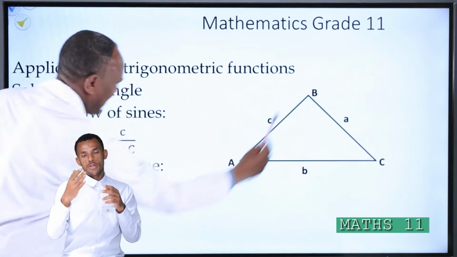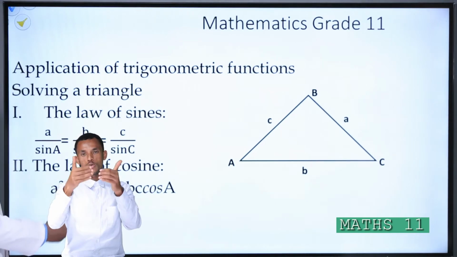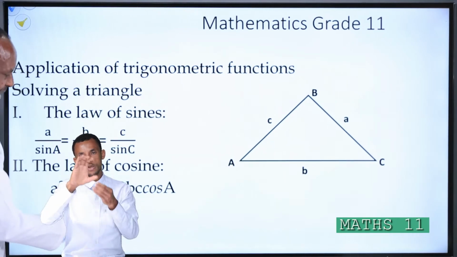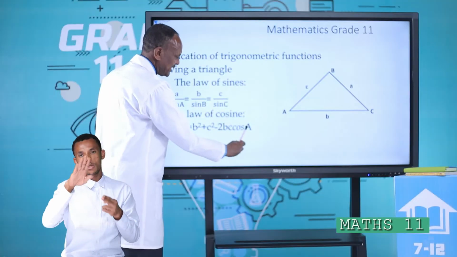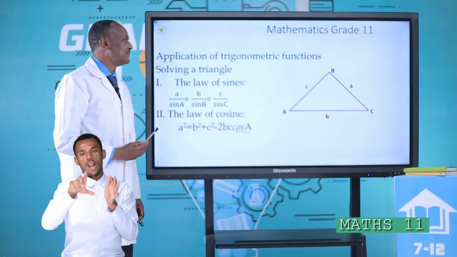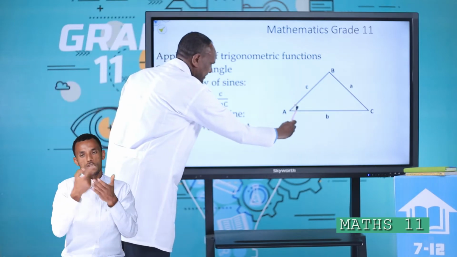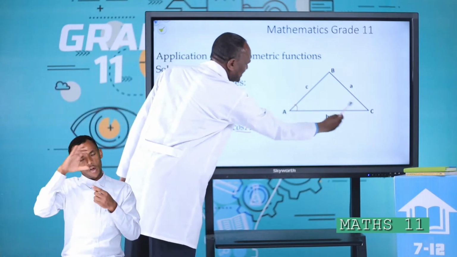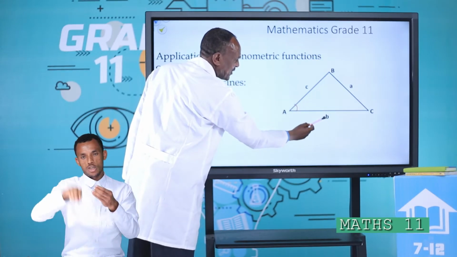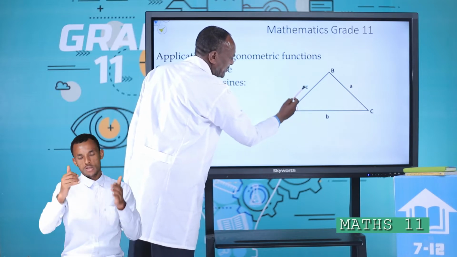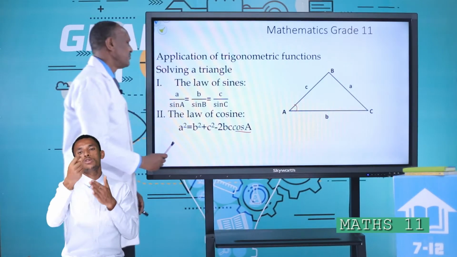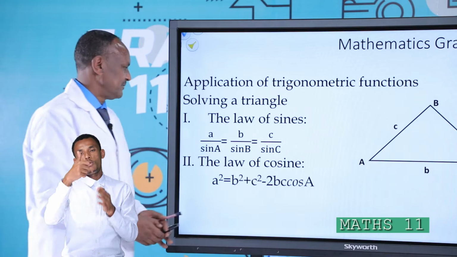Say a squared is equal to the sum of the squares of the two adjacent sides, b squared plus c squared, minus 2 times bc multiplied by cosine of A. So we have cosine of angle A. If this angle is given, to find the side opposite to this angle, a squared is equal to b squared plus c squared, minus twice the product bc multiplied by cosine of A.